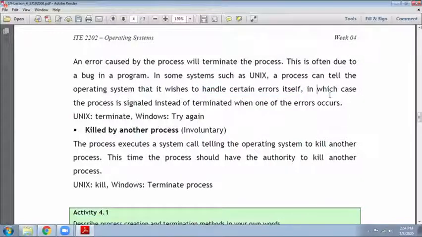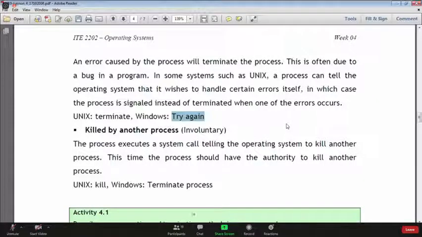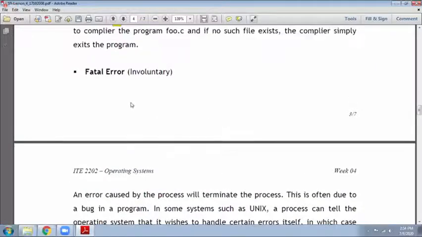In which case, the process is signaled instead of terminated when one of the errors occurs. So how Unix does this is the terminate command. In Windows, you try again. So it is involuntary. Okay.